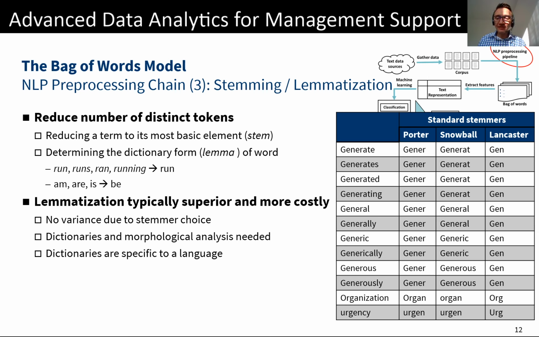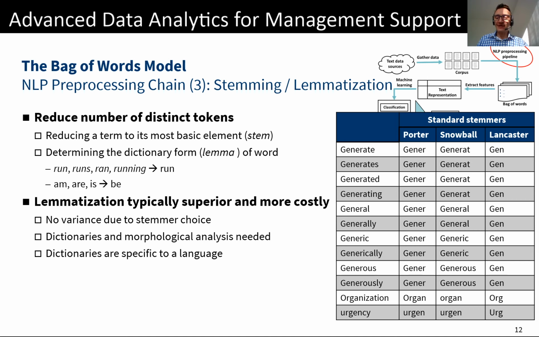In lemmatization, we basically determine the dictionary form of a word. We don't just chop off the end, we identify the dictionary form. And in my example here, run, runs, ran, running, the dictionary form is run. And if we use stemming and apply it, we would not obtain the same result.